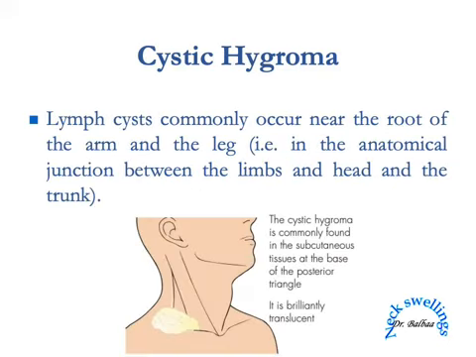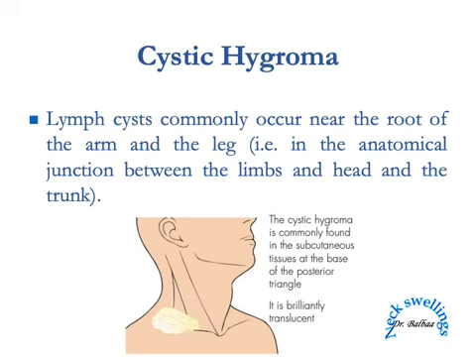This is called cystic hygroma. The main presentation will be in the areas where the lymphatics connect to the general lymphatic circulation: in the root of the neck, in the axilla, in the groin, and there will be swelling. We are talking here about the neck, in the posterior triangle or the root of the neck.